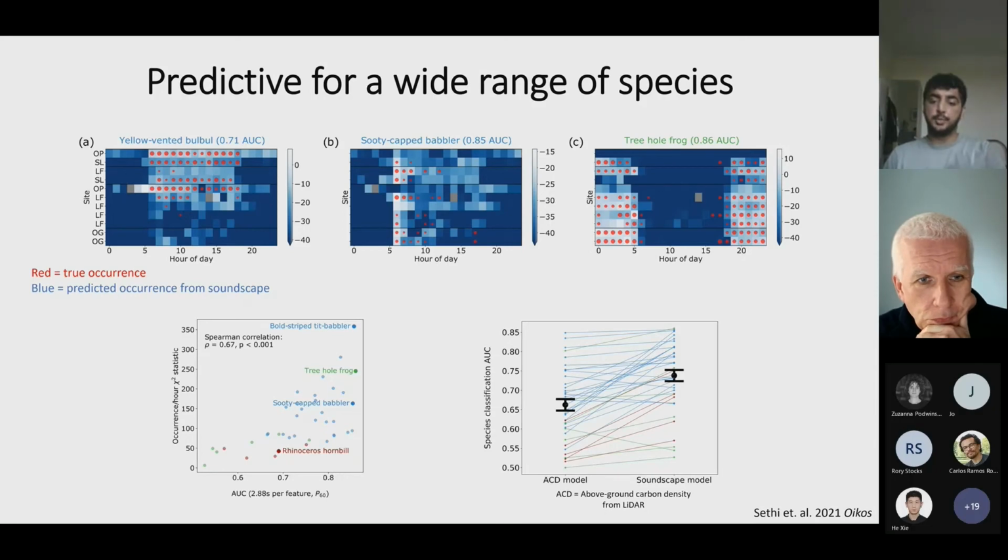But actually, the predictions from the soundscape model were significantly better than the predictions from this LiDAR model. I think mainly that's due to the ability to pick up on these temporal patterns, whereas LiDAR data giving you forest structure is going to be static in time, pretty much, on the scales we're talking, at least diurnal. But we're able to get closer to the actual biodiversity of what's going on, and the predictions were better.